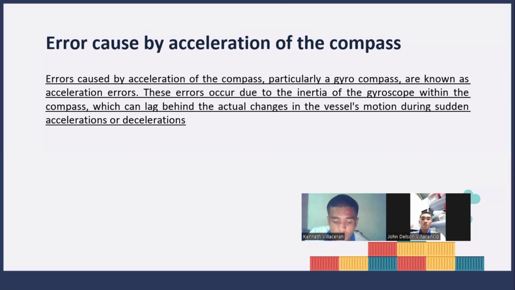When the compass experiences acceleration or deceleration, the inertia of this weight causes it to lag behind the needle's movement. This misalignment creates a torque that pulls the needle slightly away from magnetic north.